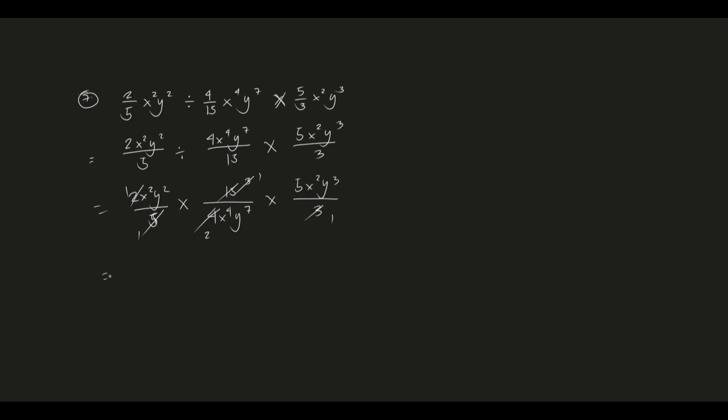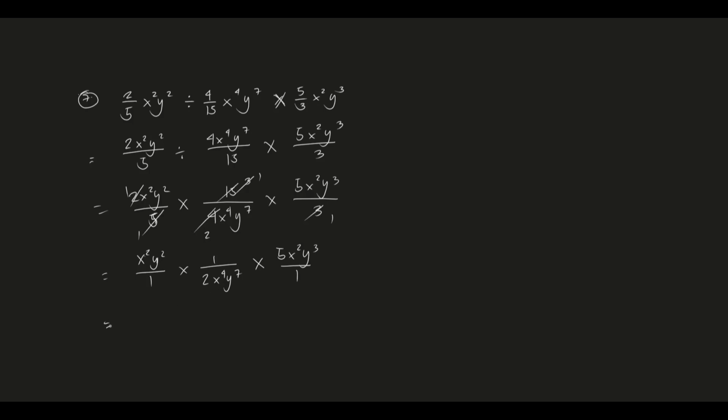So what's left for us is this x squared, y squared all over 1 times 1 over 2 x raised to the 4 y raised to the 7 multiplied again to 5x squared y cubed all over 1.